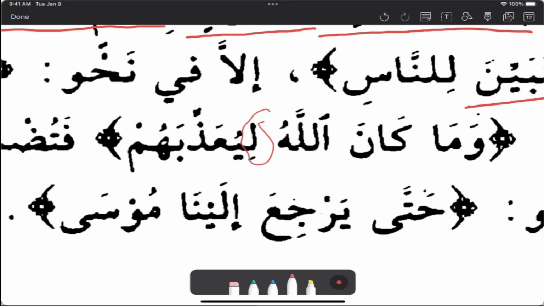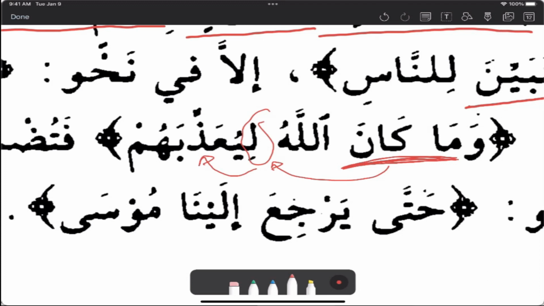because this lam, yes, that's a lam with a kasra, but this lam is called lamul juhud. This is the lam of denial. The sign of lamul juhud is that before it is ma kana or lam yakun. Ma kana li, and then there's a verb. Or you could put any pronoun on kana.